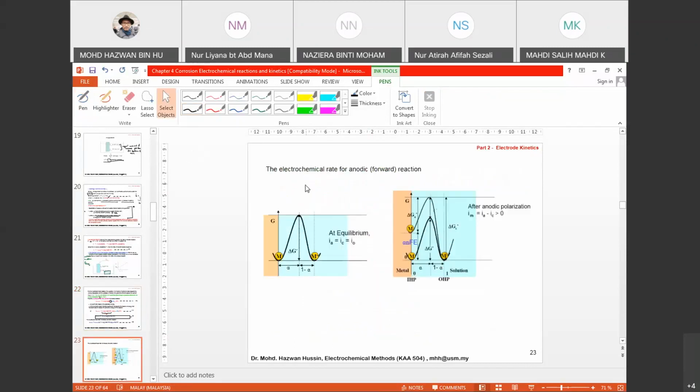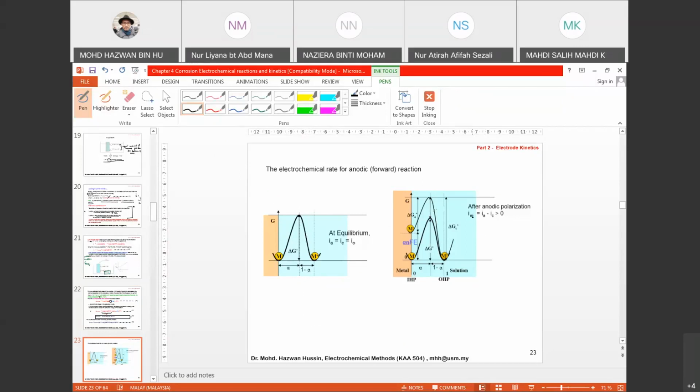So this is the electrochemical rate for the anodic, or forward, reaction. This is the energy diagram. At equilibrium, an equal amount of current is used to produce the product. Alpha is the symmetry factor, as I said, from reactant to the intermediate or transition state, and 1 minus alpha is the reverse symmetry factor.